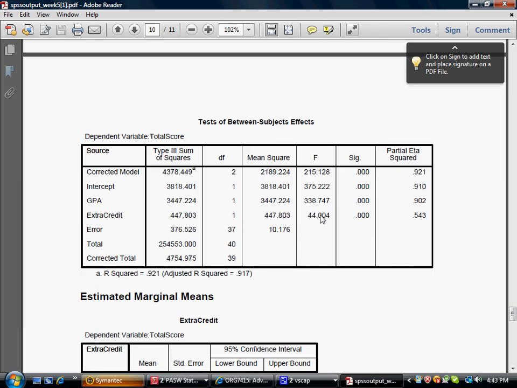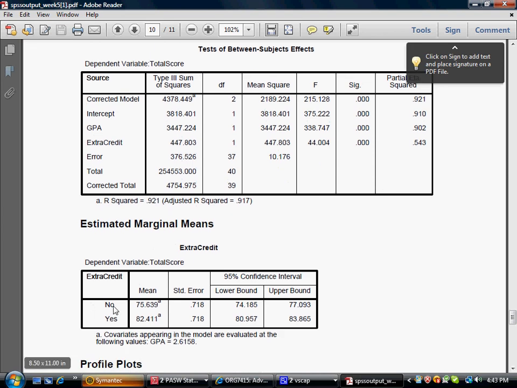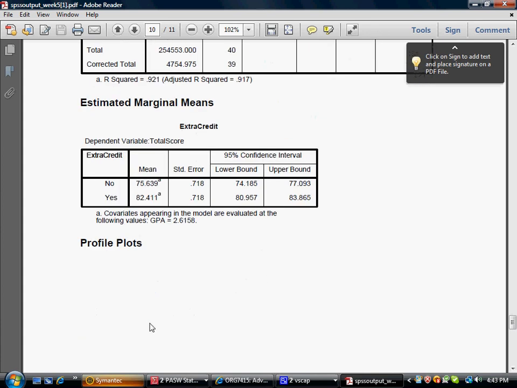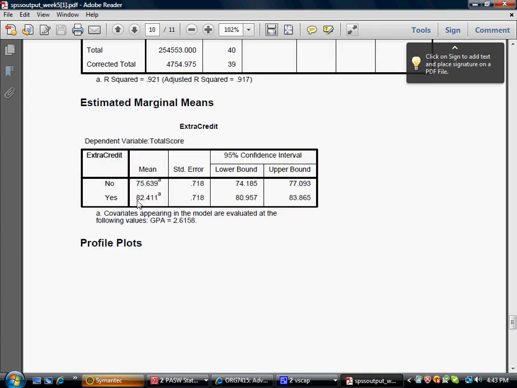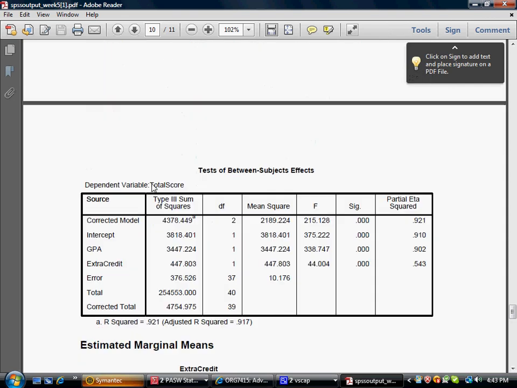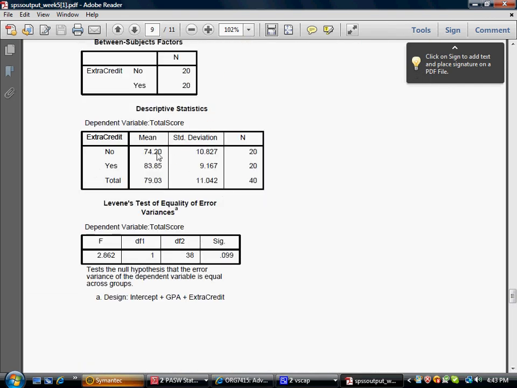And here in our final piece, we're really looking at this information about whether extra credit is significant or not, because we want to know if it predicts it. Now down here we have something else called estimated marginal means, and then we have a graph of those means. It looks like extra credit, yes or no, but this is a different number than we saw up above. Here the no is 75.63, but up here it was 74.20.